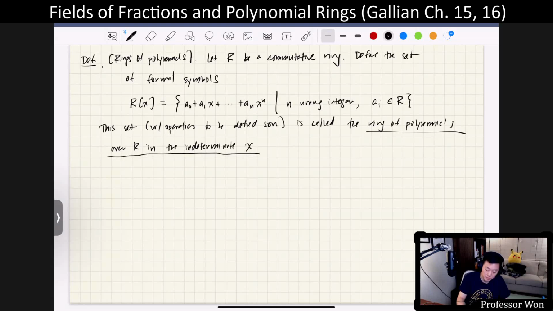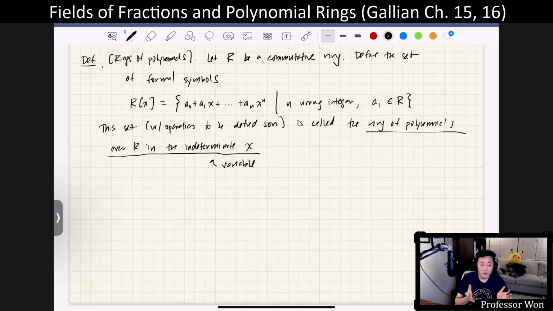Oftentimes we'll use the word variable here also, in the variable x. As a set, it's just a set of all formal symbols. It will eventually have an addition and a multiplication that will make it a ring.